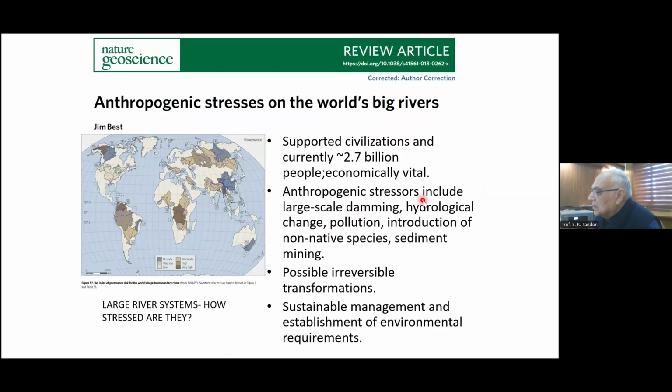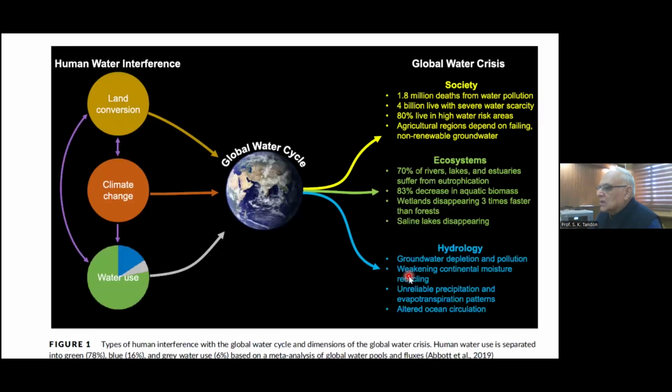The anthropogenic stressors include large-scale damming, hydrological change, pollution, introduction of non-native species, sediment mining, and other issues as well. Many of these are irreversible transformations. The challenge in front of all of us is how to sustainably manage these rivers.